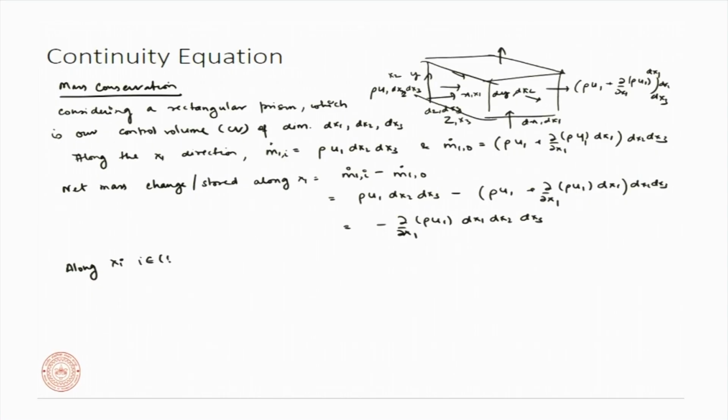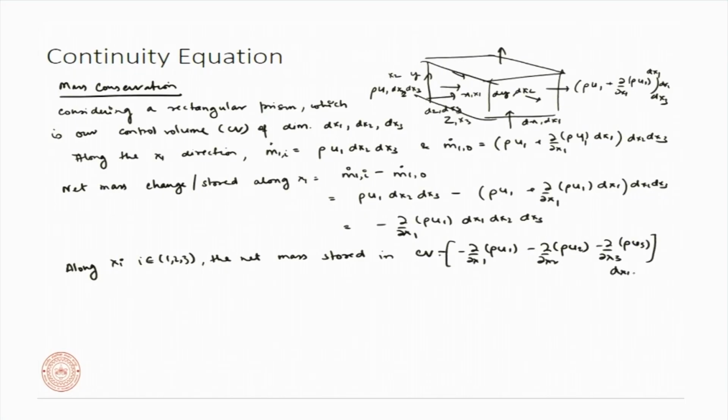i belongs to 1, 2, 3, the net mass stored in the control volume will be equal to minus del by del x1 of rho u1 minus del by del x2 of rho u2 minus del by del x3 of rho u3, along dx1, dx2 and dx3.